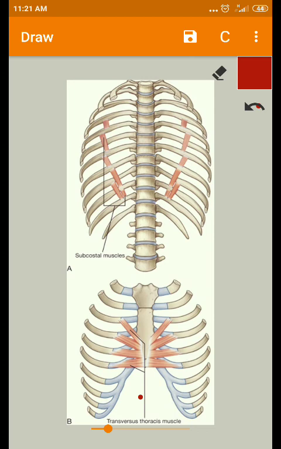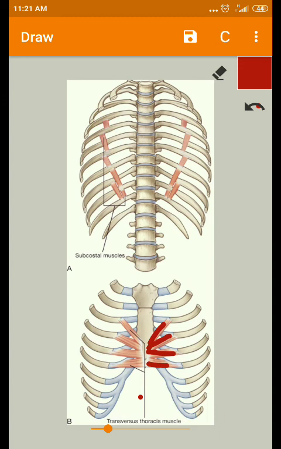Here the insertion: these fibers diverge as slips to be inserted in the lower border and inner surfaces of the costal cartilages of the second to sixth ribs.